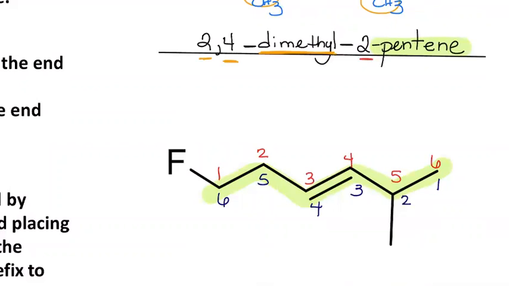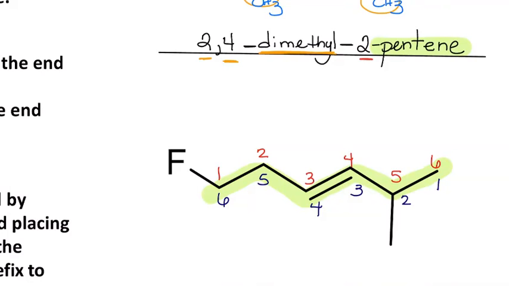Again, for the students that didn't catch it, equidistance means that when I number my longest carbon chain in either direction, my carbon-carbon double bond is going to be in between the same two numbers. In this case it is 3 and 4.